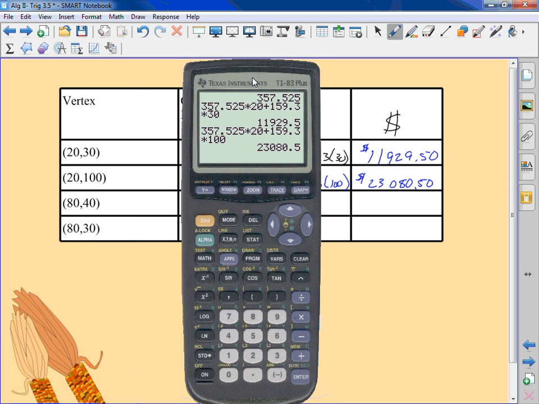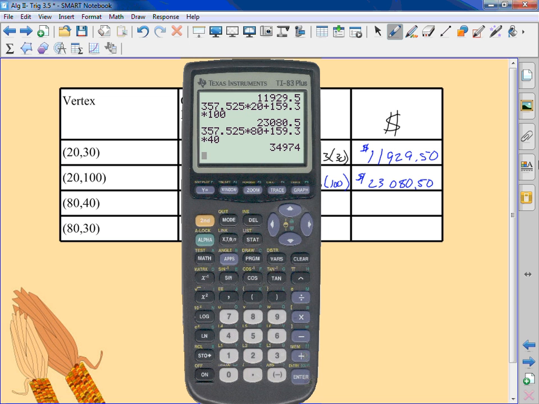For the next one, hit second enter again. What do I have to change? 20 becomes an 80, and the 100 becomes a 40. It's a lot easier if you just go in and change the numbers. Press enter.